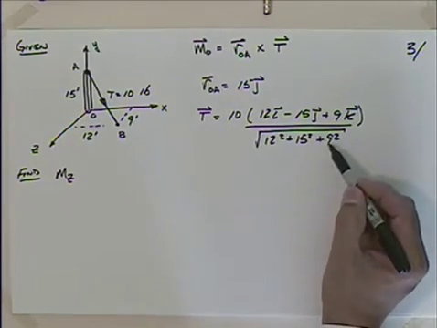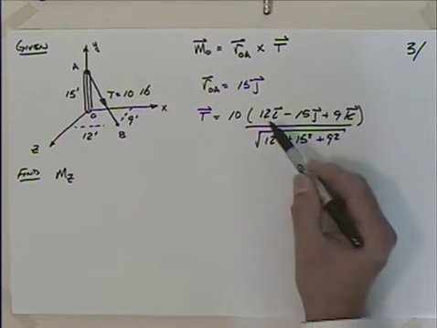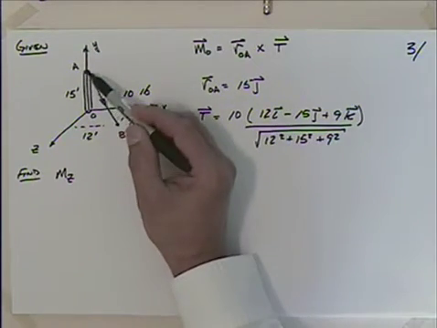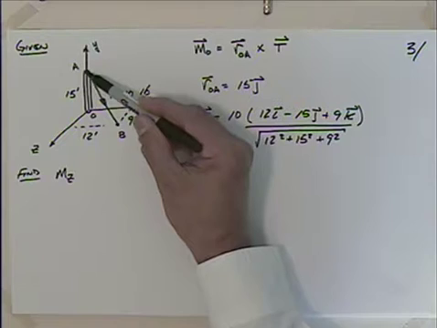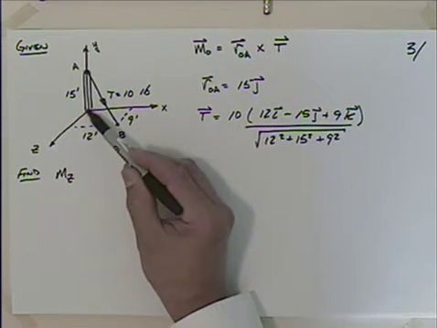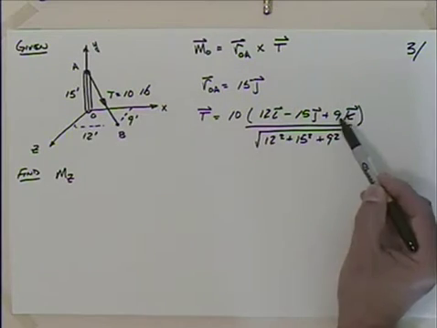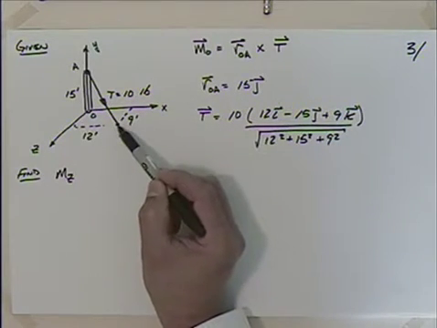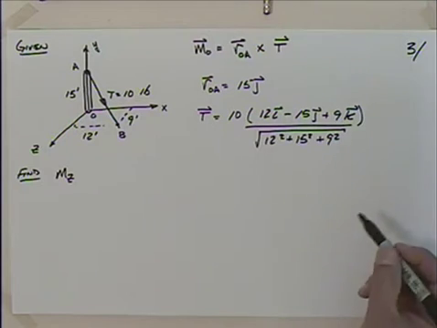Now, does that work? Let's see. If I go from A to B, I'm going to go minus 15 in the Y. Yep. I'm going to then have to go 9 in the Z. Yep. And then I've got to go 12 in the X. So yes, that's correct.